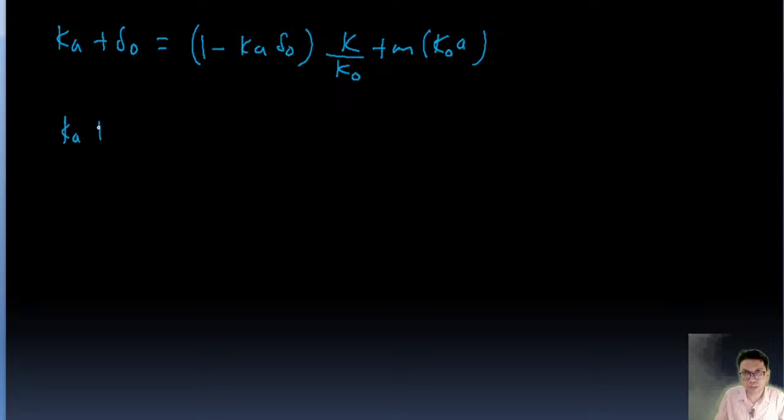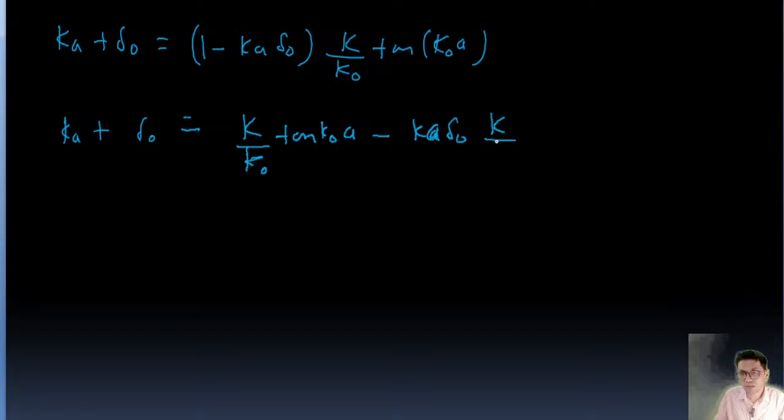So ka plus delta naught is going to be equal to k upon k naught, tan k naught a, minus ka delta naught k upon k naught, and that is going to be k square.